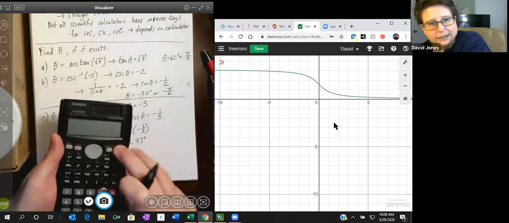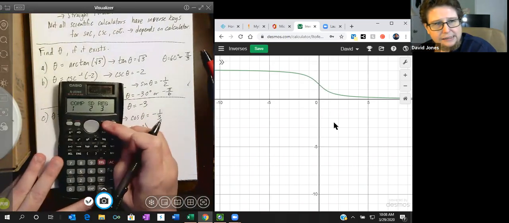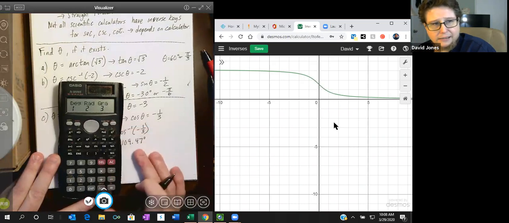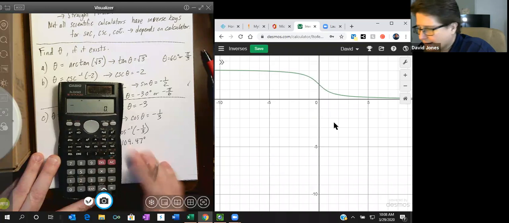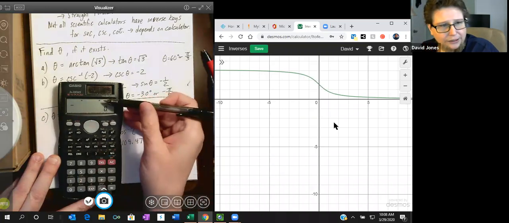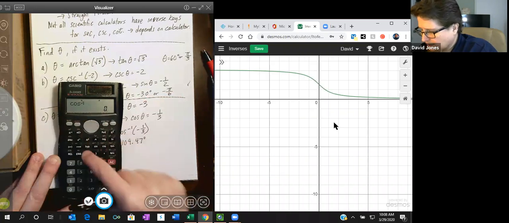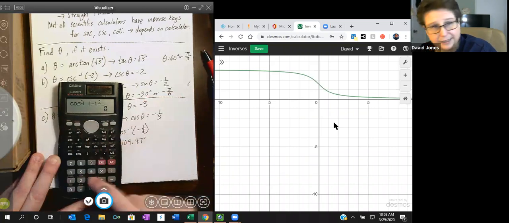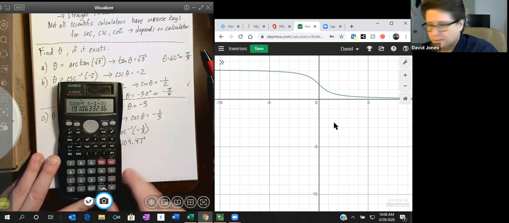On my calculator, if you have one similar to mine, I have to hit mode, and then I hit mode again, and I can get to radians by hitting 2. And now this D changed to an R. And I can do cosine inverse of -1 divided by 3. And it gives me 2 in radians.